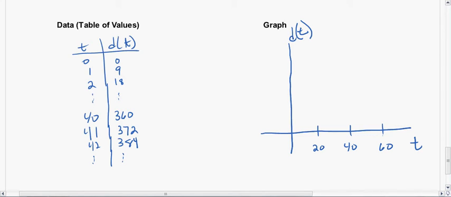And my range goes up to $600, so here will be $600, and maybe I'll note halfway, 300. So my D of T is in dollars, and my T is in hours. I'm just including the units on my graph.